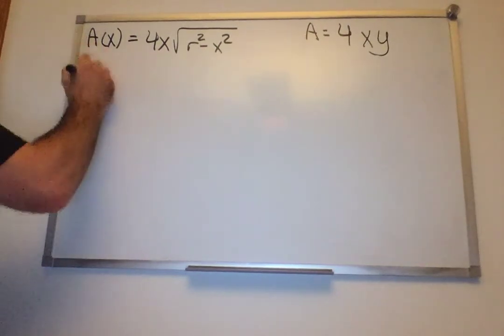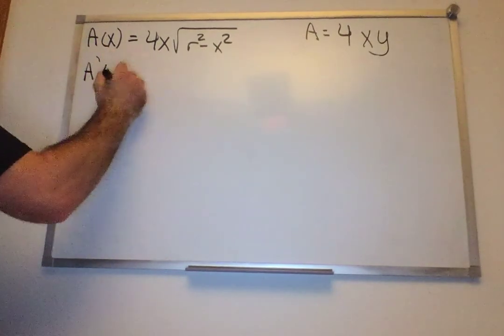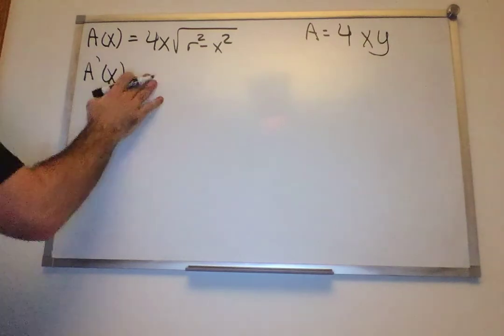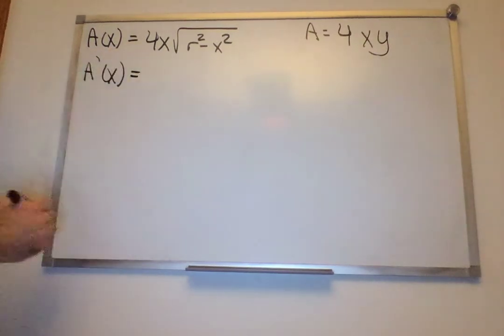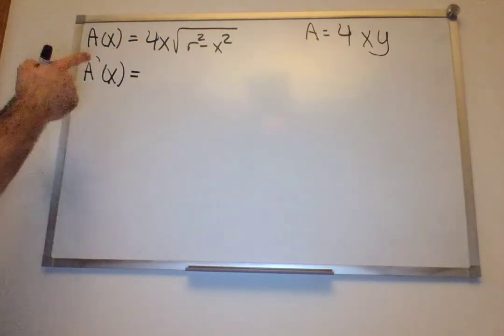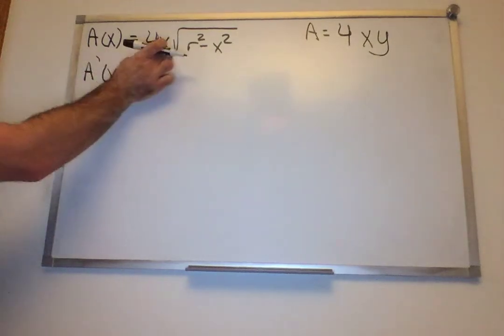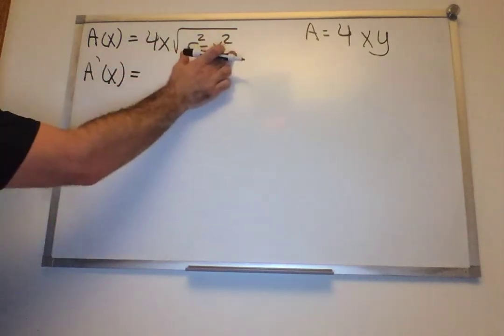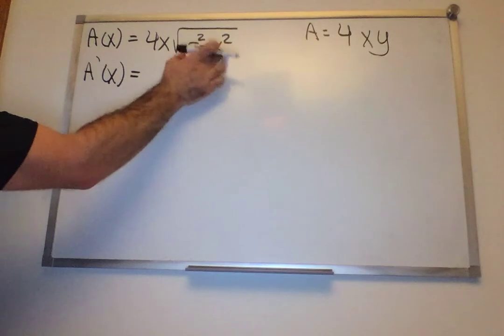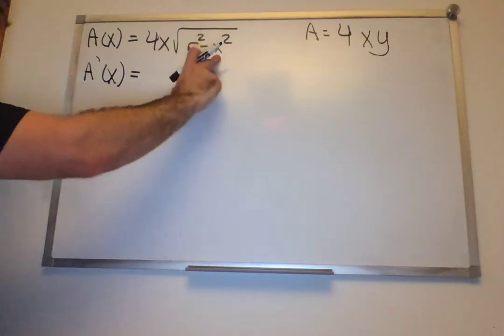So, take a derivative. A prime of x is equal to, that looks like a minus, there we go. I'm going to have to do a product rule. I've got one function times another function. Now, inside this function, I'm going to have a chain rule.